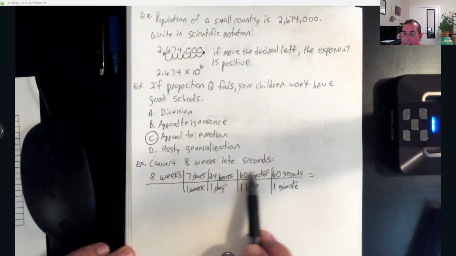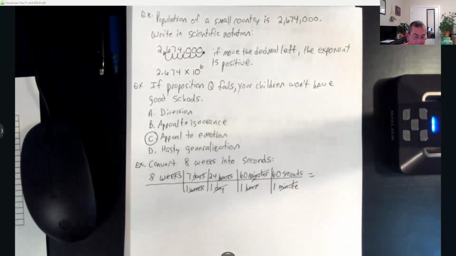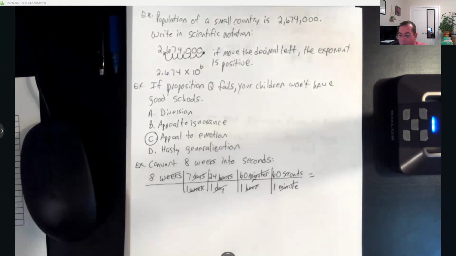And y'all, looks like everything's getting multiplied on top on this one. So let's see what we got. We got 8 times 7 times 24 times 60 times 60. Punching all that in.